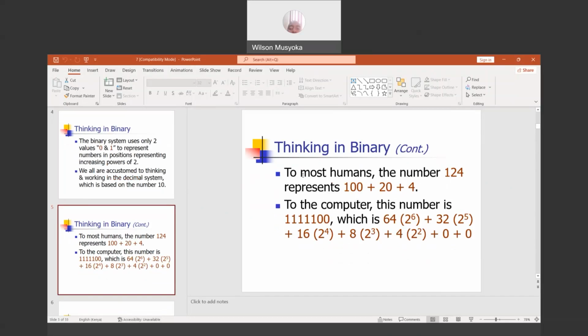When we are looking at the binary number system, to most human beings, the number 124 represents 100 plus 20 plus 4.